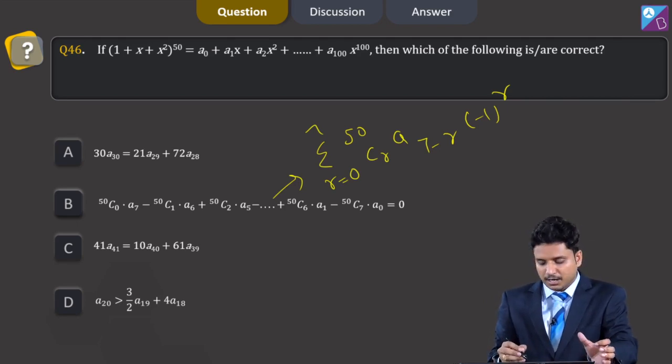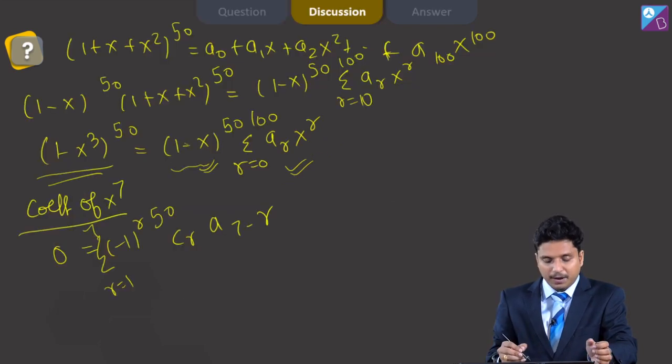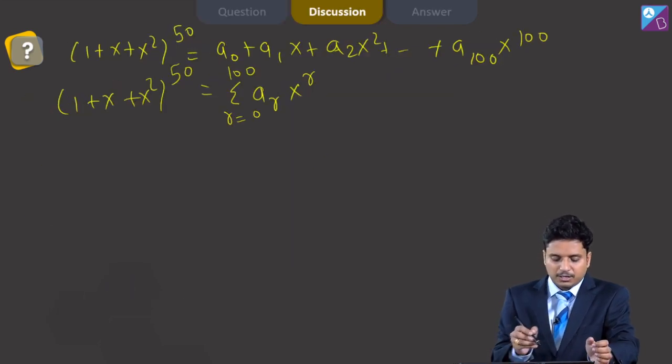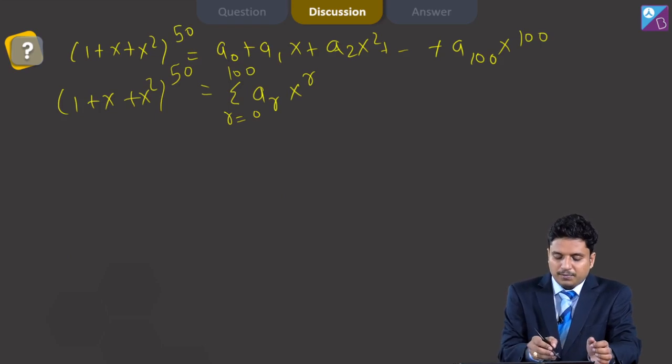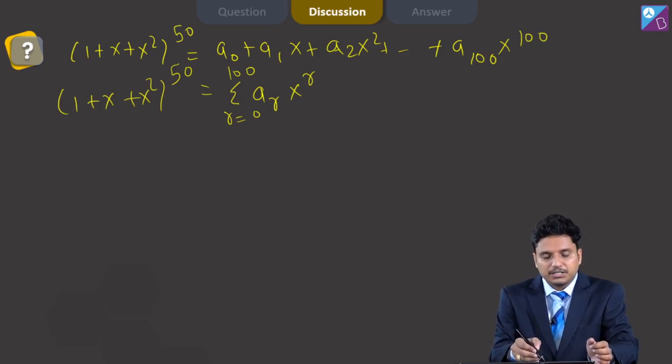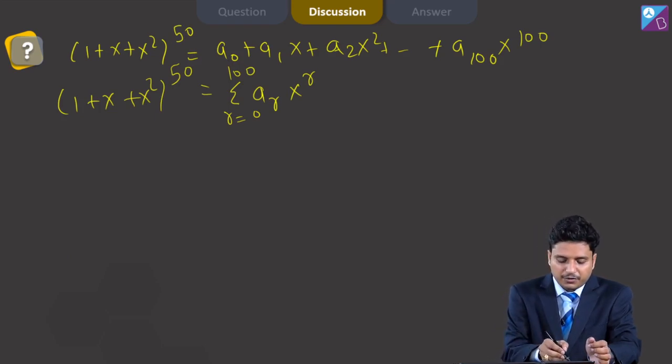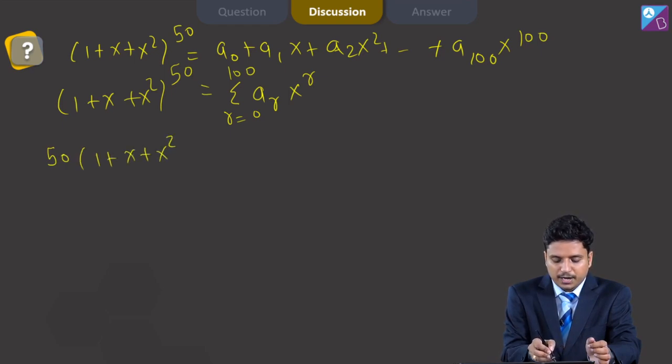That was actually when we will differentiate, that power will come into its multiplication. So what we can use, (1 plus x square) raised to power 50 is equal to summation of ar x raised to power r, r equal to 0 to 100. If we differentiate both sides, what we will get, 50 into (1 plus x square) raised to power 49 into (1 plus 2x).